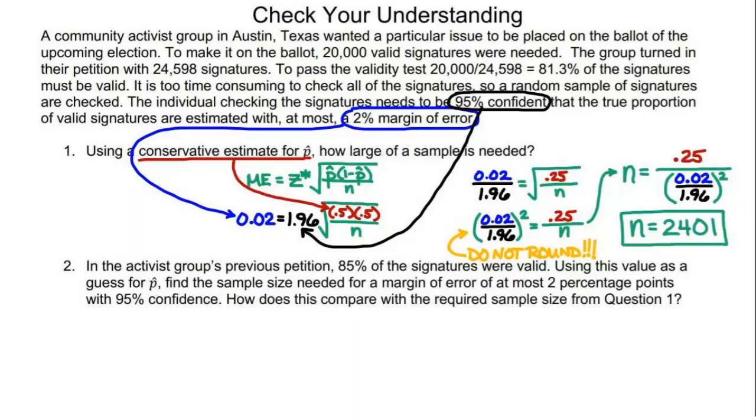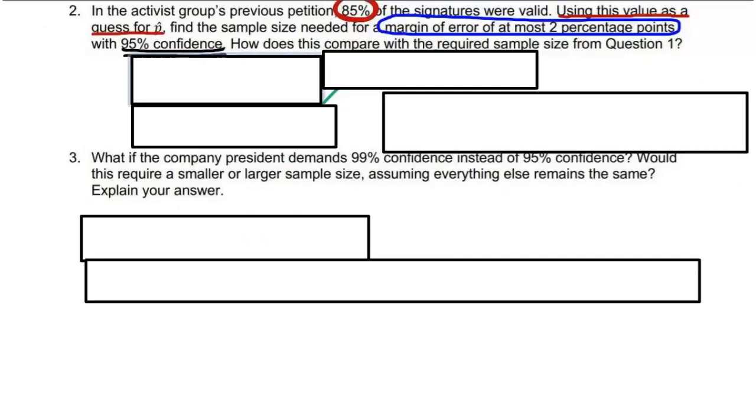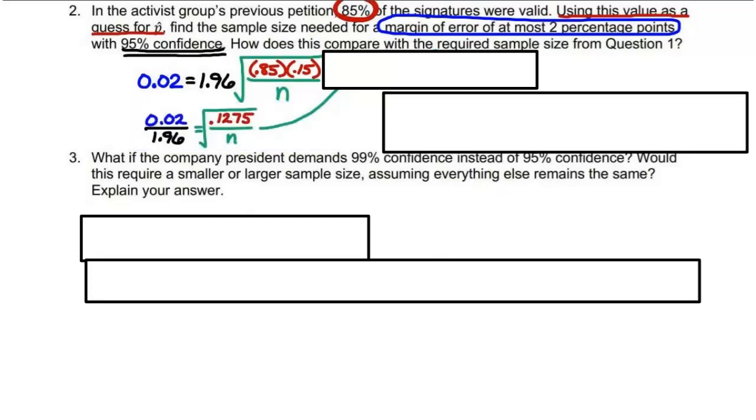What do we get? 1,225, absolutely. Let's walk through this a step at a time. So you're going to have 0.02, that's your margin of error, that didn't change. 1.96, critical value stayed the same. P hat and 1 minus P hat are now 0.85 and 0.15. So we divide both sides by the 1.96.